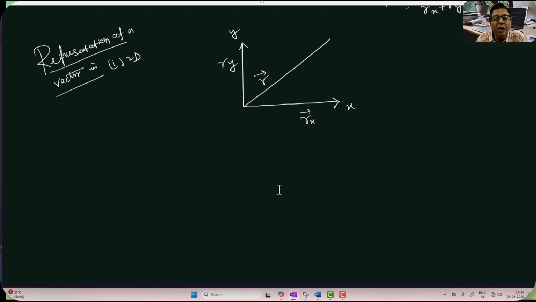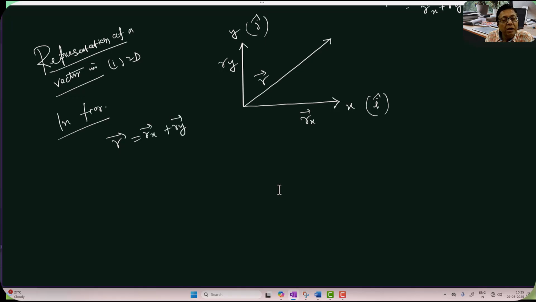So this R vector was like this. Now R vector is what? Assume that the unit vector along x-axis be i cap, along y-axis be j cap. So in this diagram, R vector is what? Rx plus Ry. This we have discussed. Now Rx vector is what?